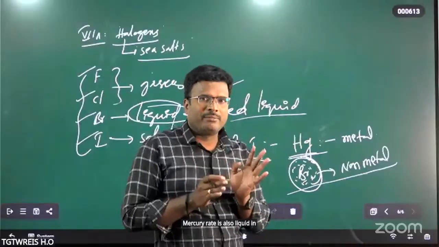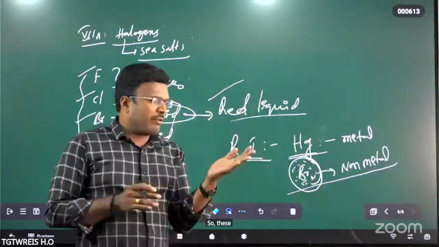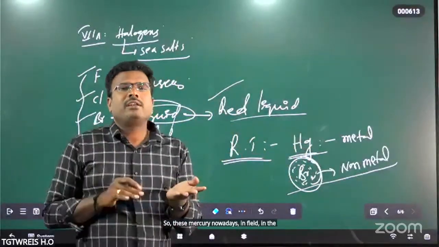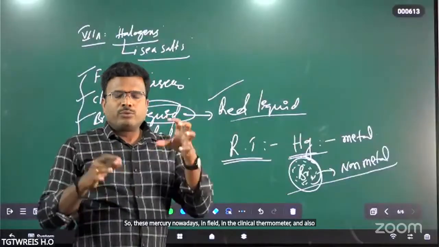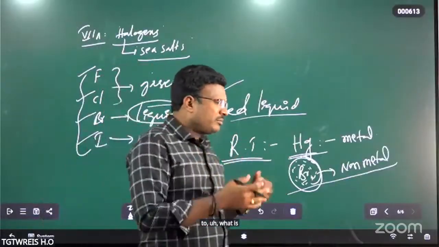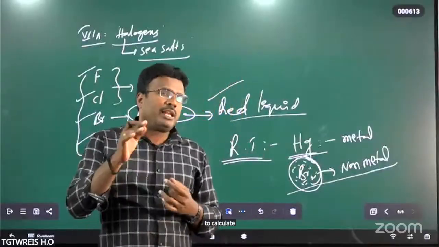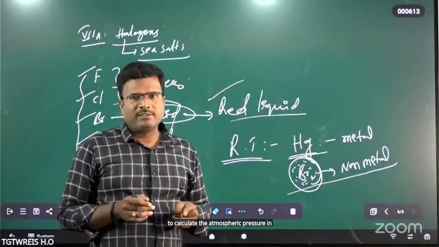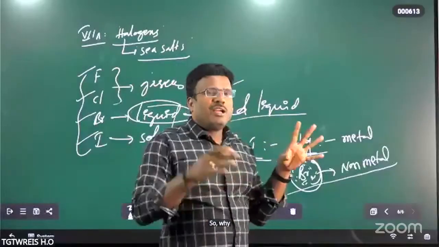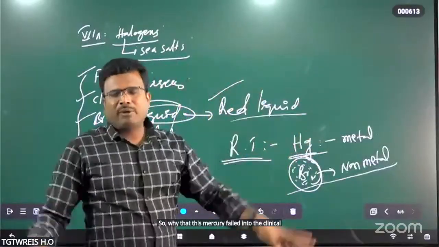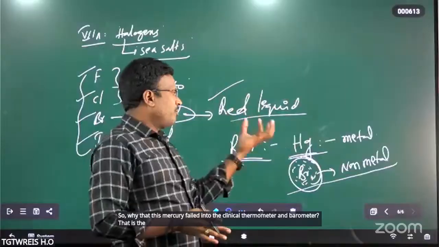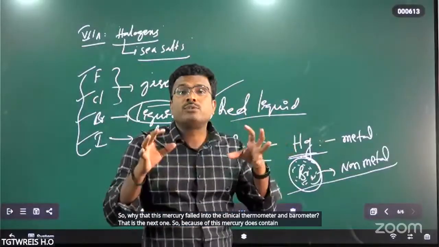Mercury is a metal. Nowadays mercury is filled in the clinical thermometer and also in the barometer to measure atmospheric pressure. Why is mercury filled into the clinical thermometer and barometer? Because mercury has a strong cohesive nature.